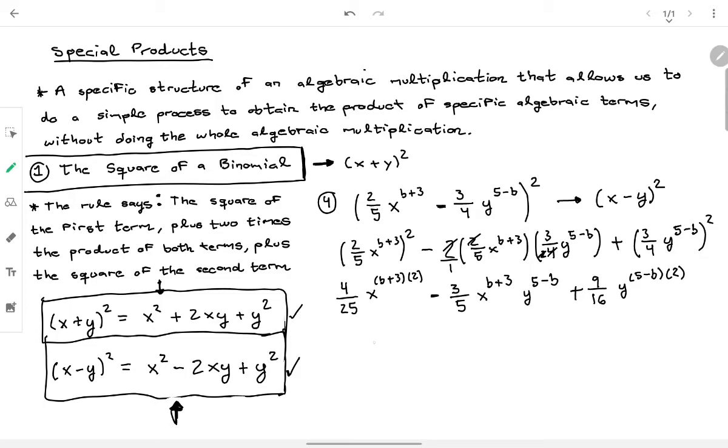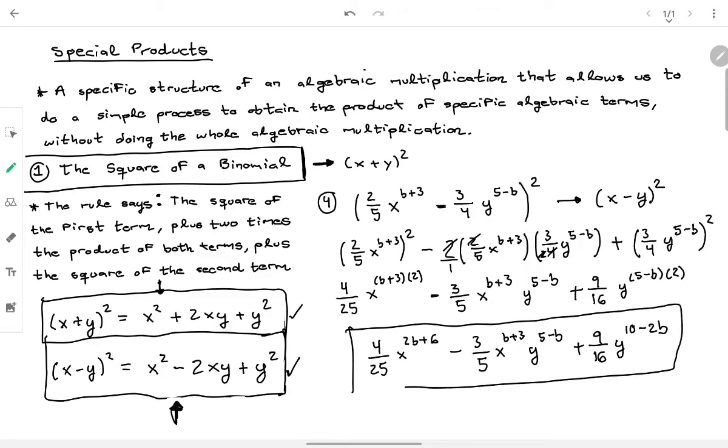So the final answer is going to be 4/25 x to the 2v plus 6, minus 3/5 of x to the v plus 3 y to the 5 minus v, plus 9/16 y to the 10 minus 2v. So this is going to be our final answer.